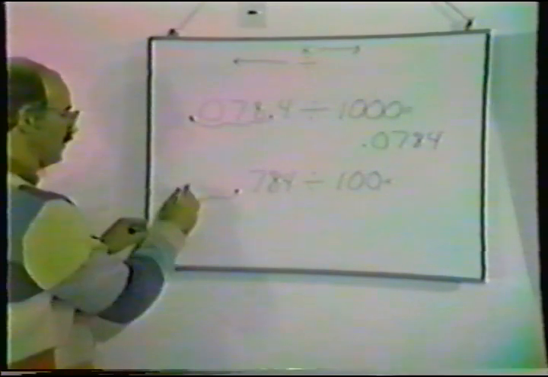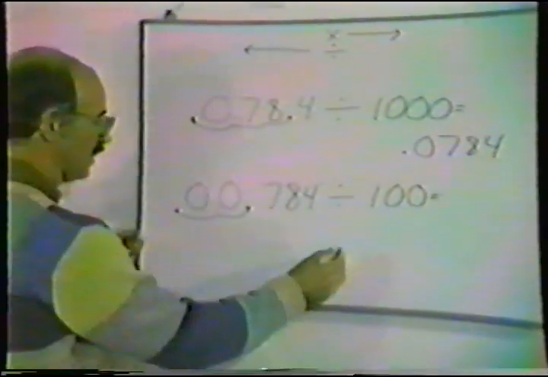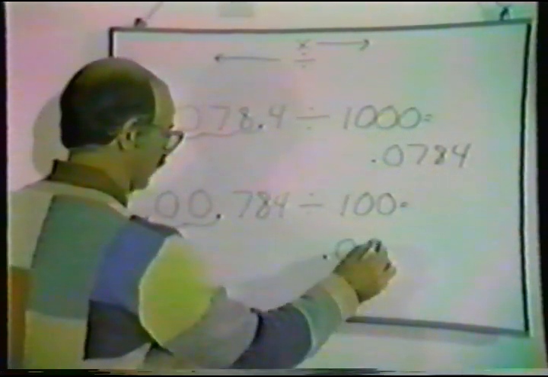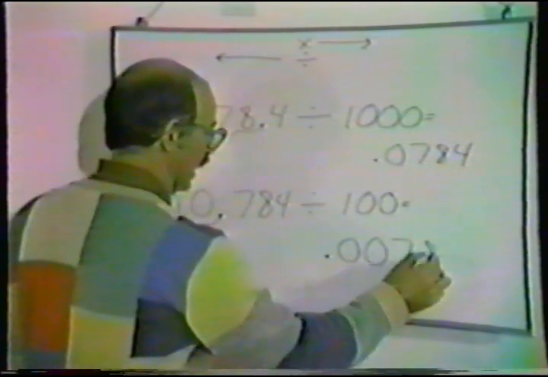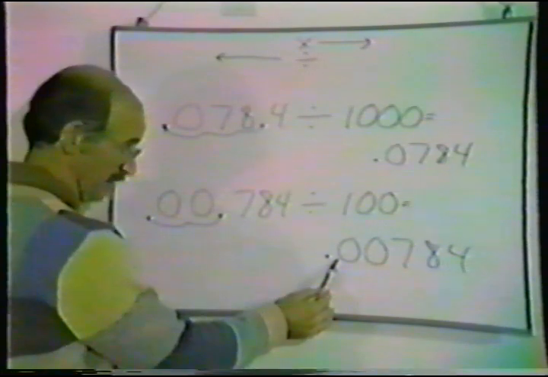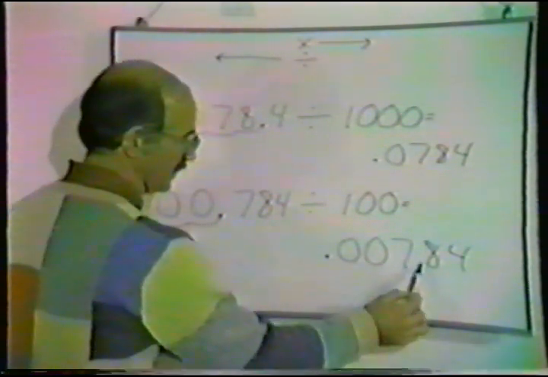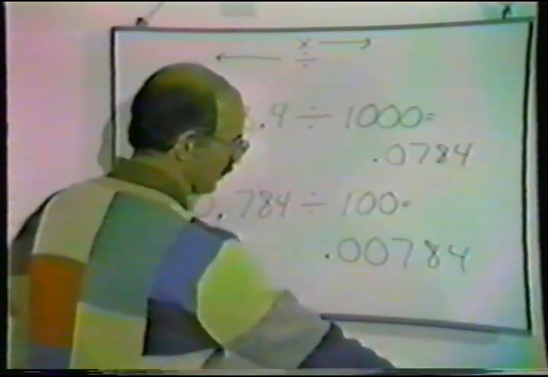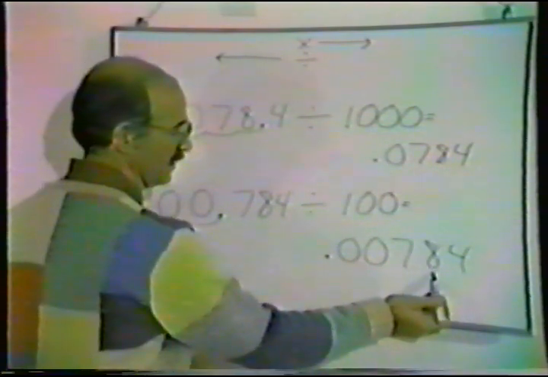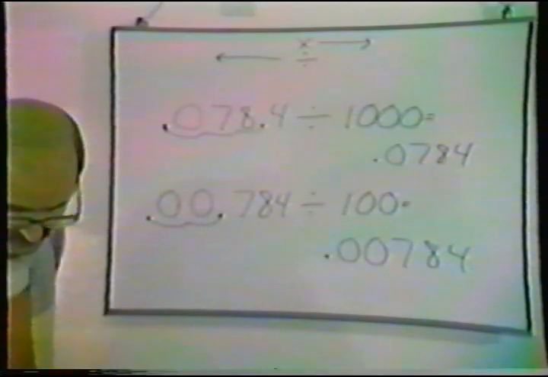I have to fill those places with zeros. First I'll write it out. Point 0, 0, 7, 8, 4. Let's name the places. Tenths, hundredths, thousandths, 10,000ths, 100,000ths. Now read the answer. 784 100,000ths.